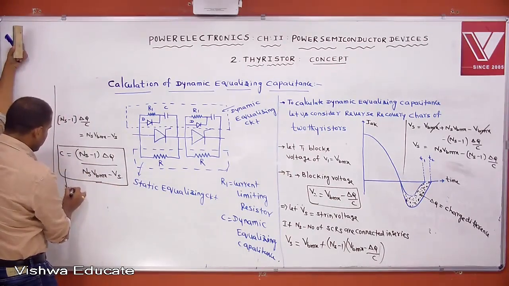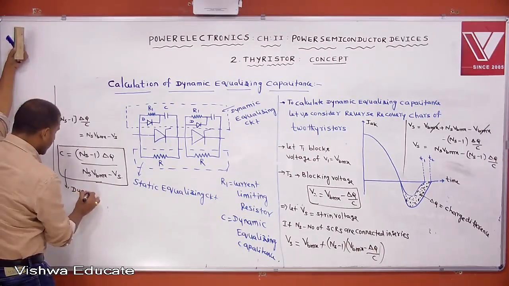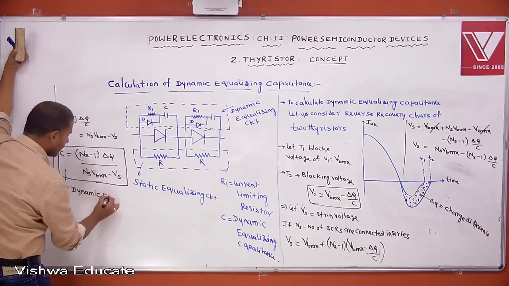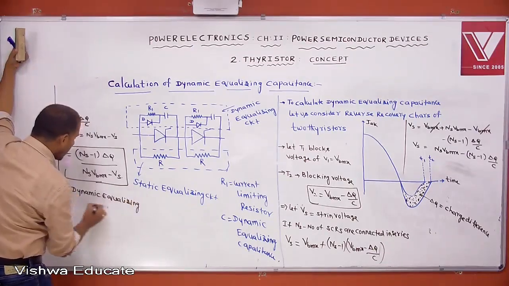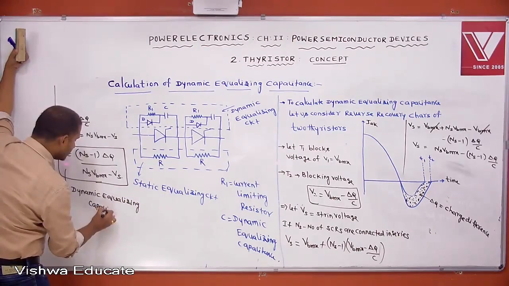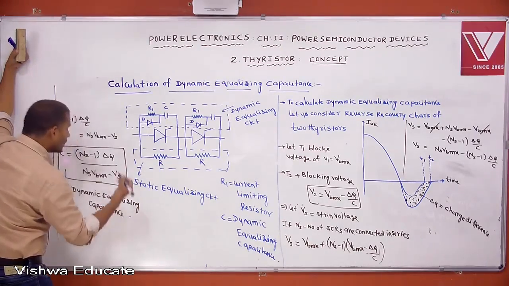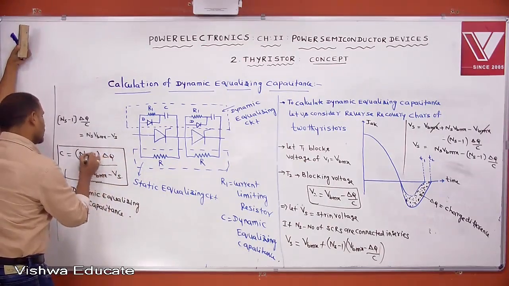This value of capacitance we can connect to equalize the dynamic characteristics. What is delta Q? The charge difference.